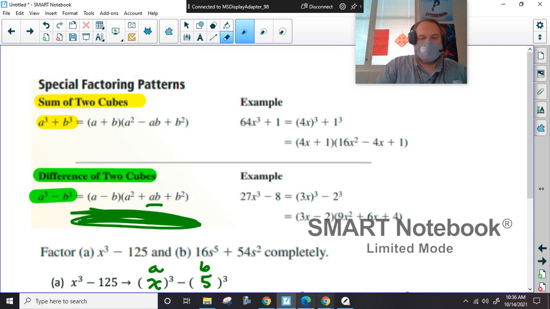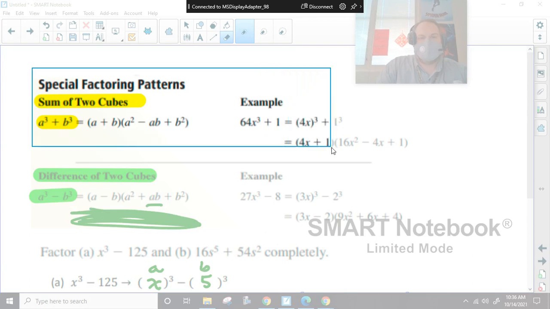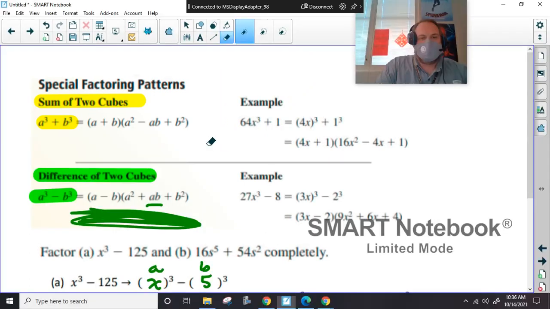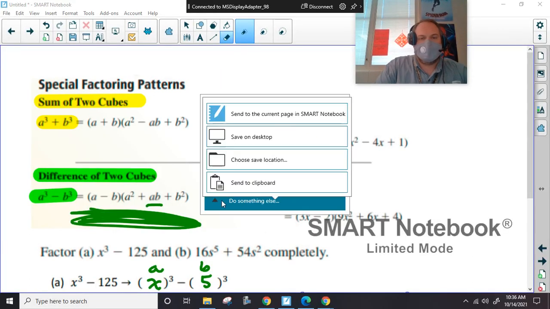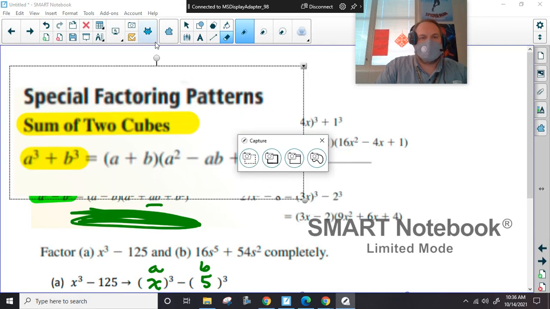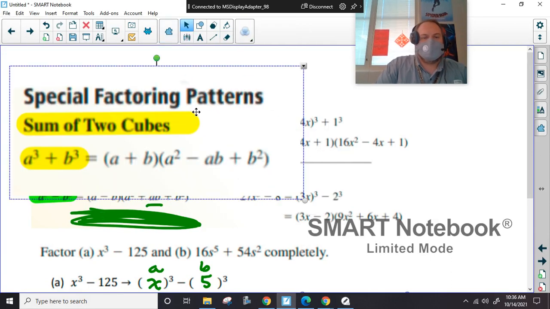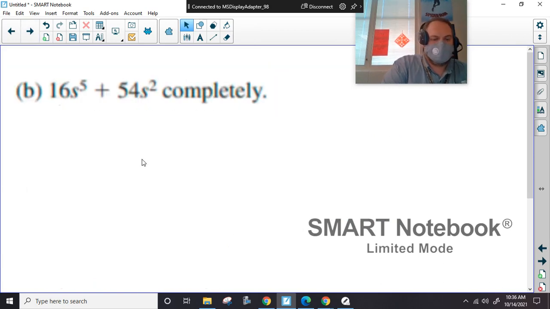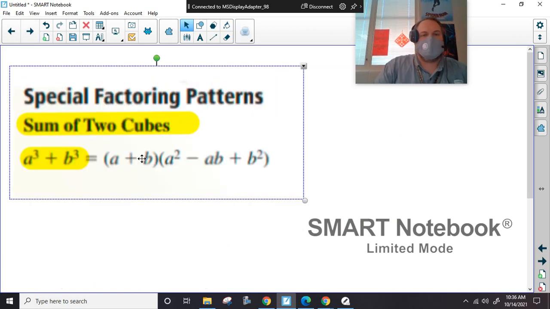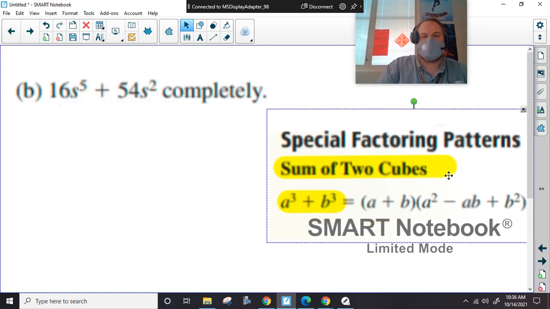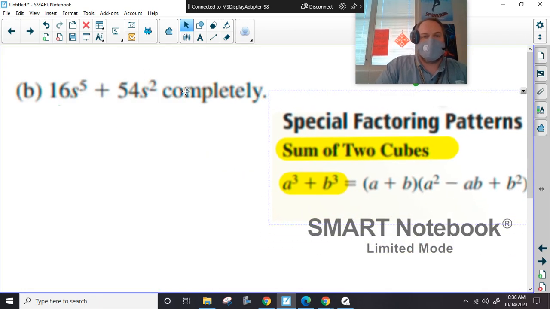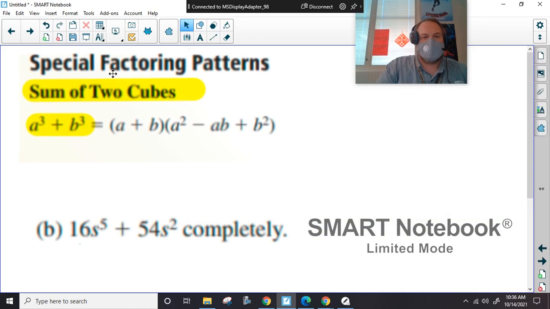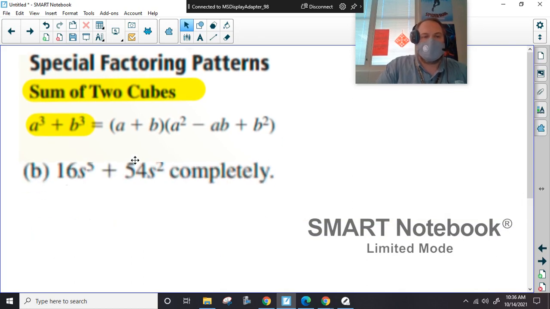Let's grab this, and send to the current page. All right, perfect. So Control X and Control V. This is what we're working with. It's a sum because there's a plus between them.